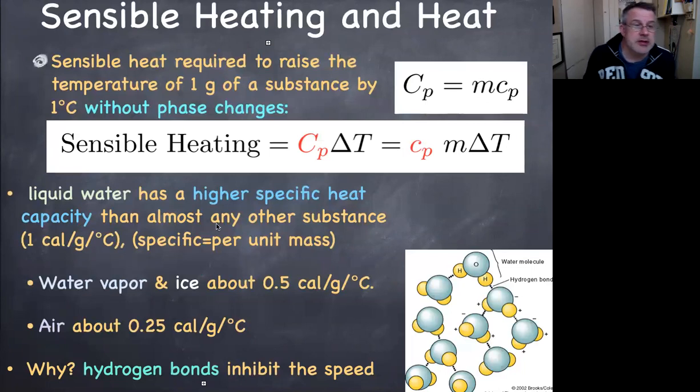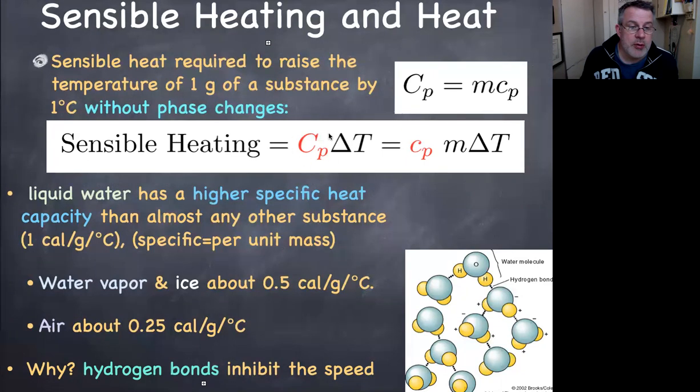Okay, so let's focus a little bit more on sensible heating and heat. So the sensible heat in one particular unit is the amount of heat required to raise the temperature of 1 gram of a substance by 1 degree centigrade without changing the phase. For that there are two different forms.